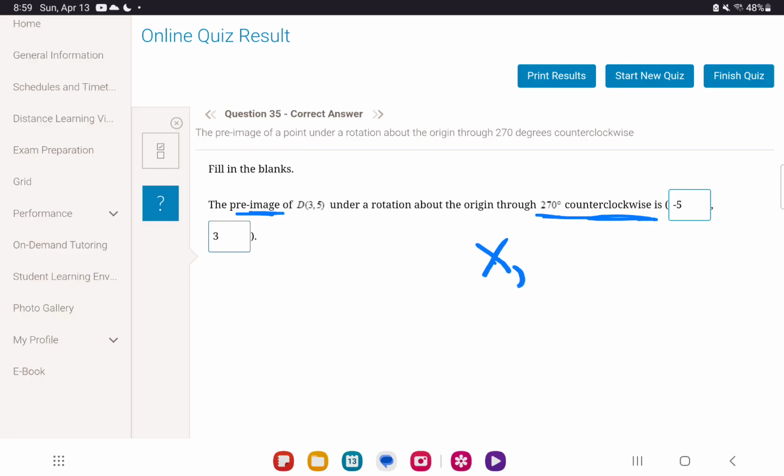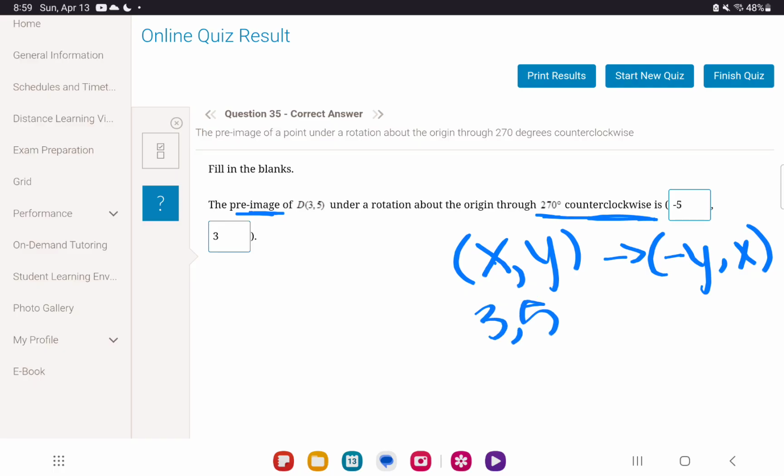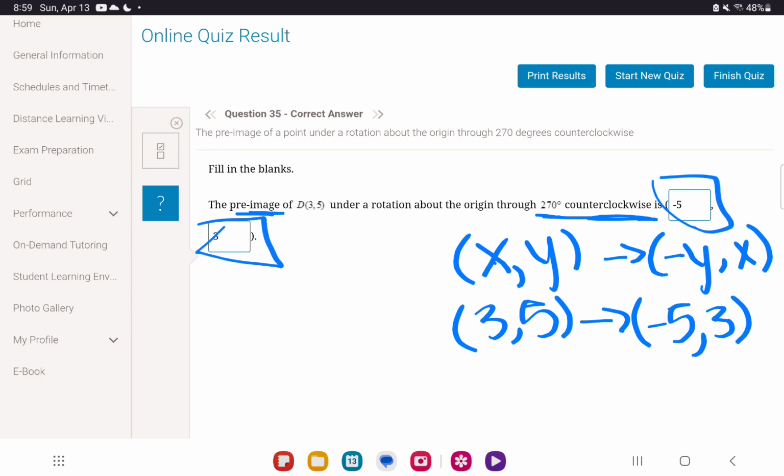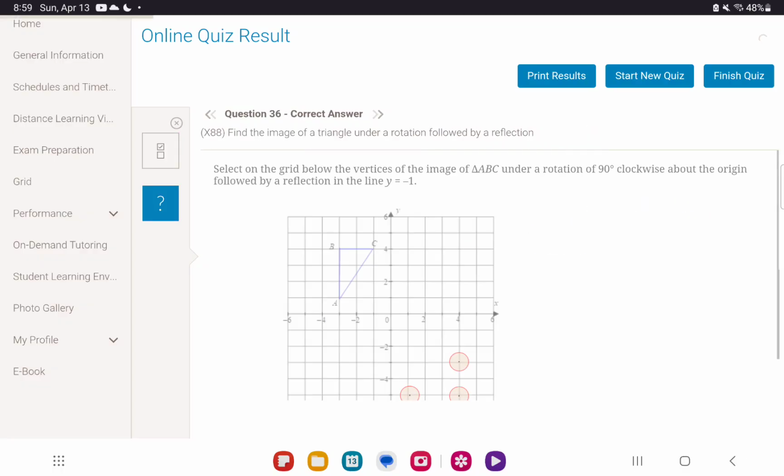So x, y becomes minus y, x. So here, our coordinates are 3 and 5. They become minus 5 and 3. And that's your answer. Now, 36.